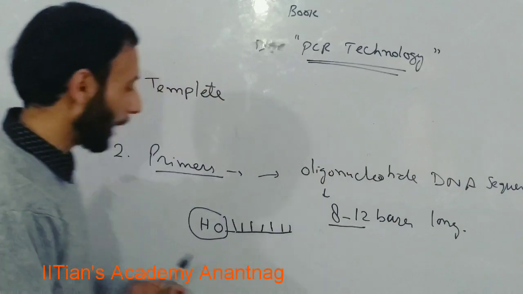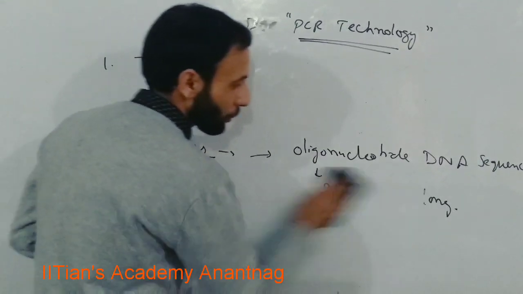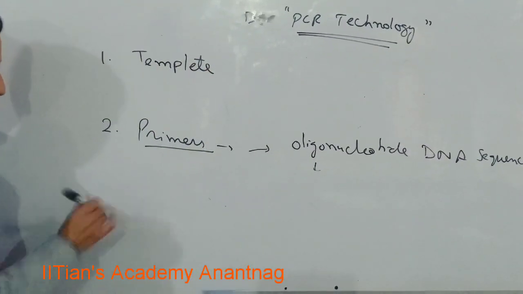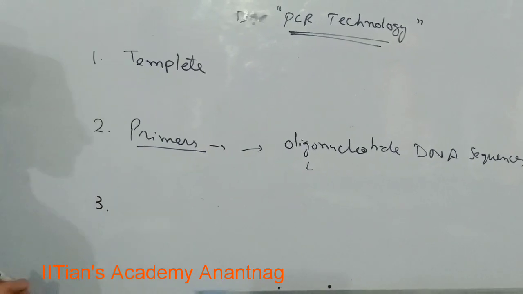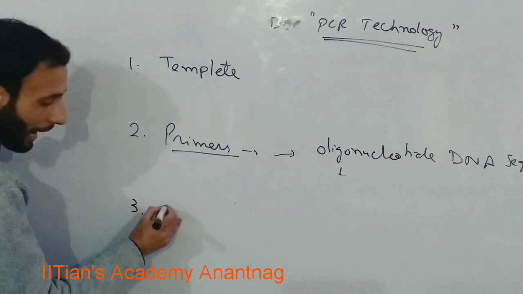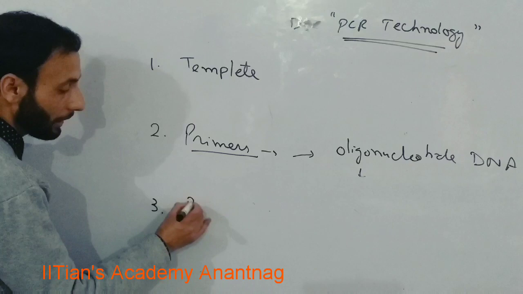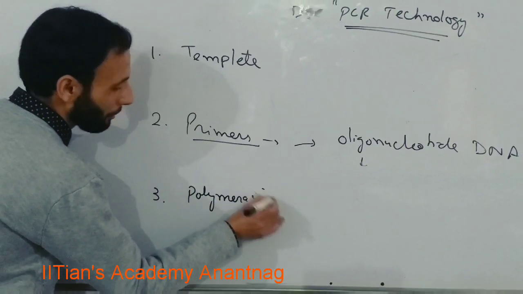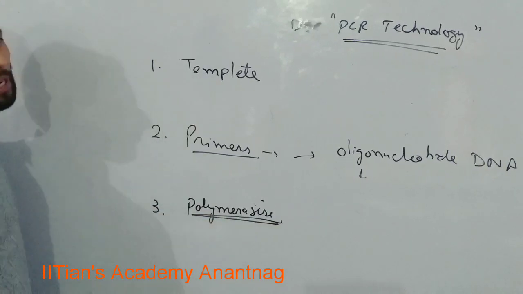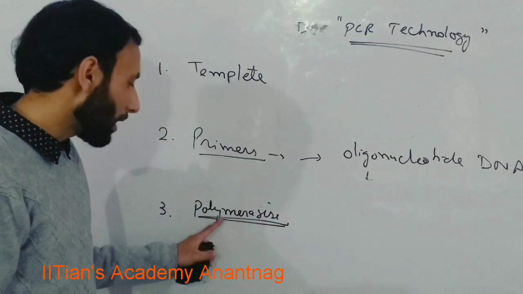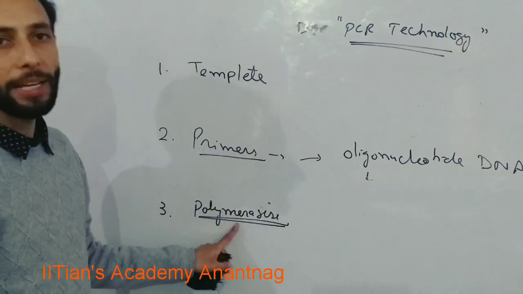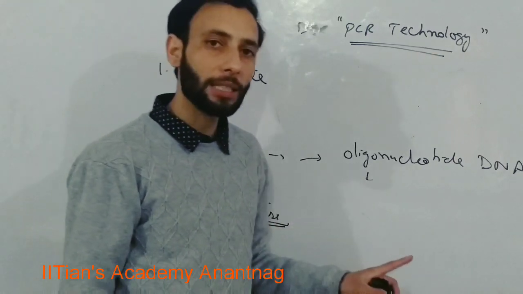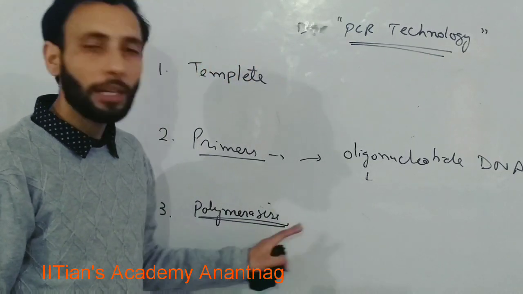The third requirement of the polymerase chain reaction is the enzymes. The enzymes which we use here are polymerase enzymes, but we don't use the normal polymerase enzyme which is present in our cells. Why? Because the normal DNA polymerase present in our cells is very heat labile.